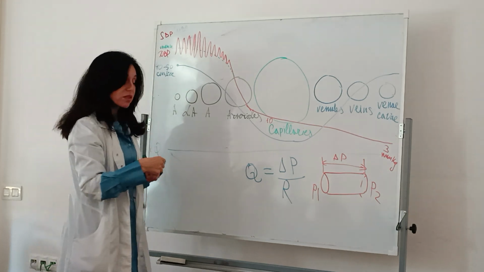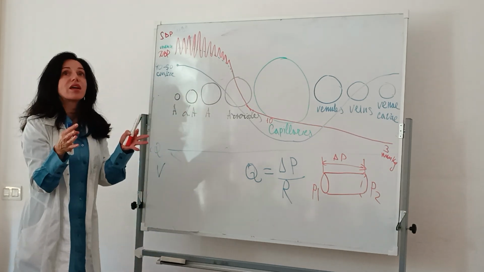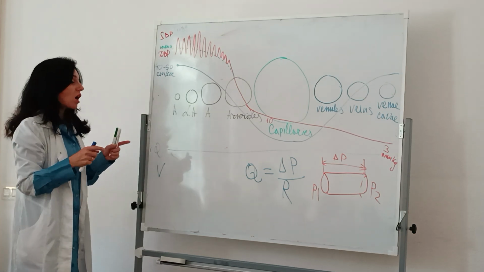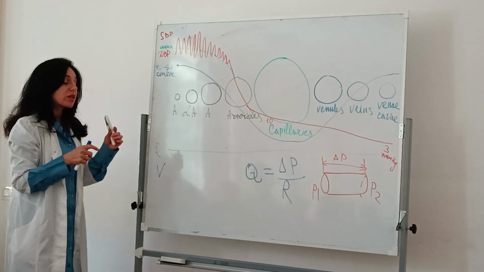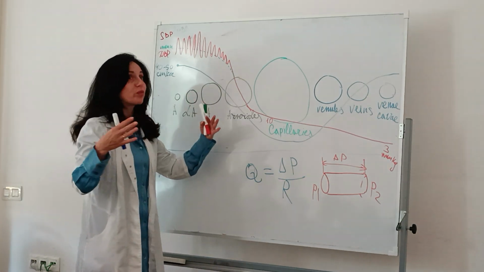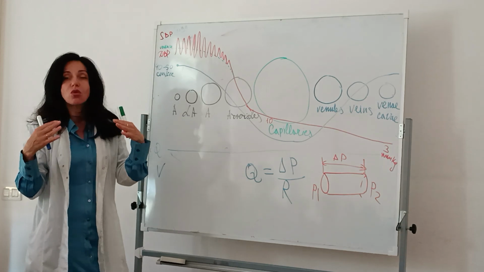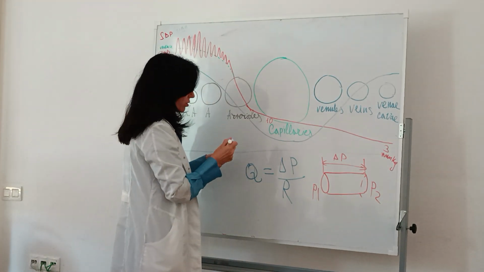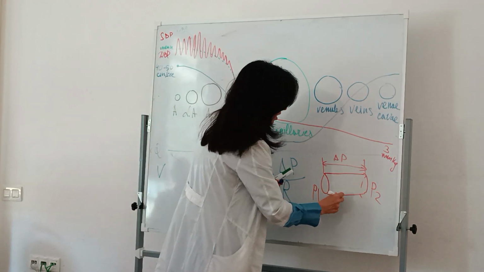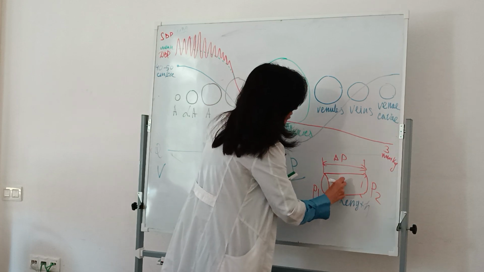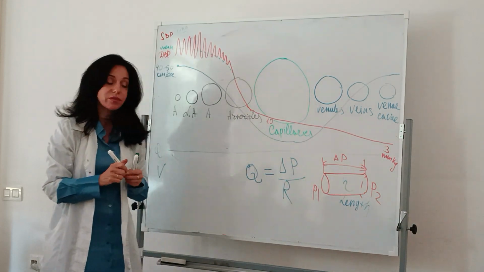And resistance is the resistance to pressure on the sides in blood vessels. Resistance is an opposite force, opposite pressure. The blood vessel has length. Blood has viscosity.